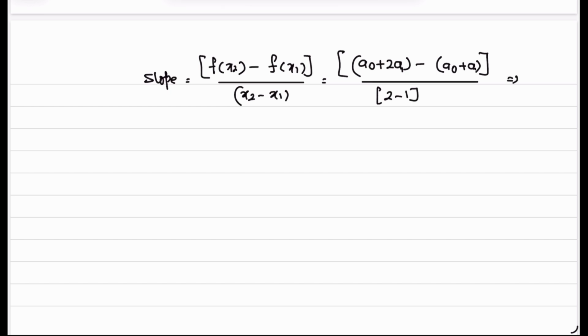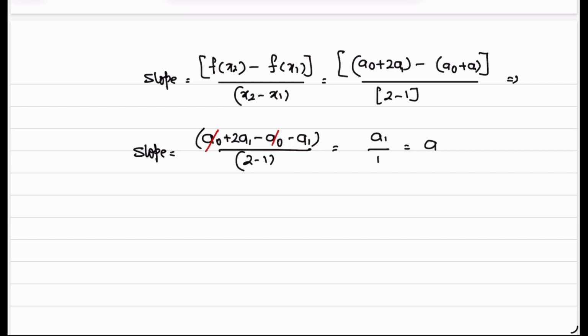That implies slope is equal to a0 plus 2a1 minus a0 minus a1 whole divided by 2 minus 1. That is equal to, a0 gets cancelled, 2a1 minus a1 is a1 by 1, that is equal to a1.